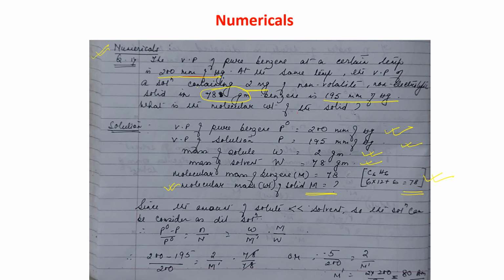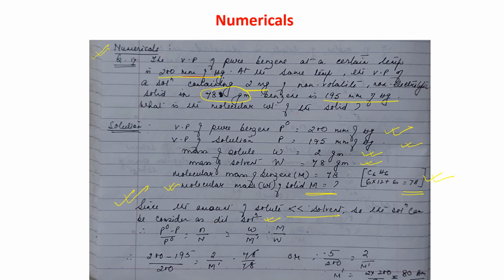Since the amount of the solute is much less than the solvent, 2 gram in 78 gram of benzene, the solution can be considered as a dilute solution. This is a very important line. Okay.